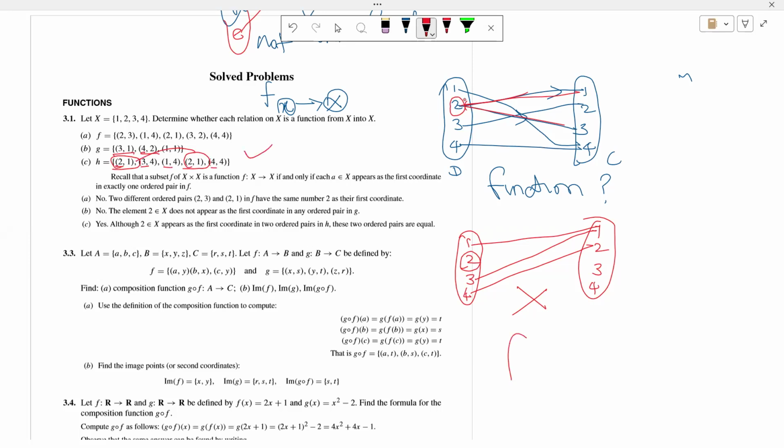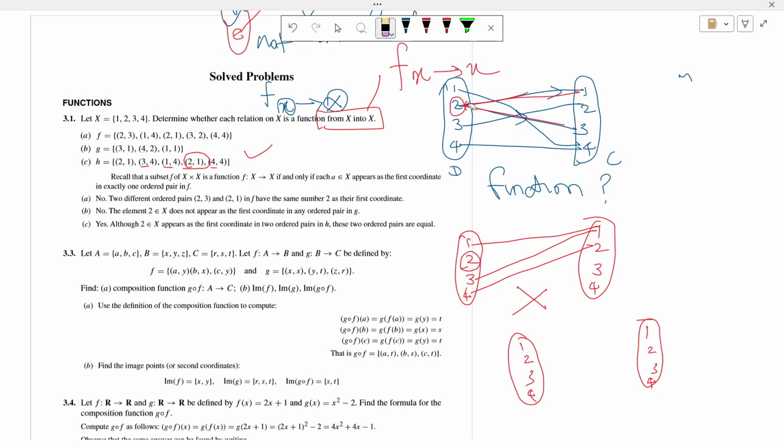Why? If you plot the diagram, then you can easily understand, right? 1, 2, 3, 4. Here, 1, 2, 3, 4. Why am I putting 1, 2, 3, 4 in domain and codomain? This is an identity function from X into X. Depending on this term, I am putting function X into X, right? My domain and codomain are X, right?